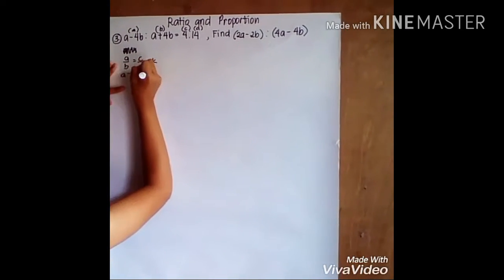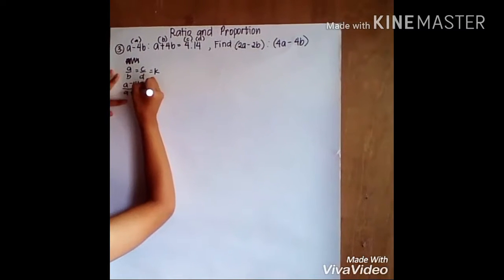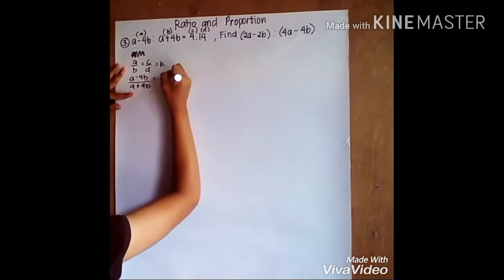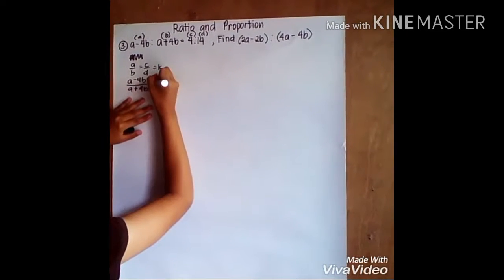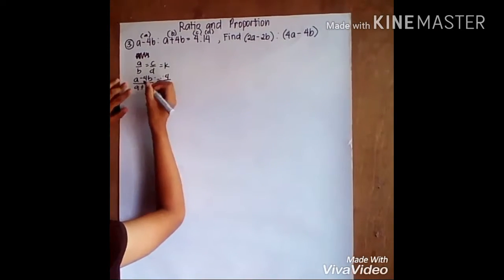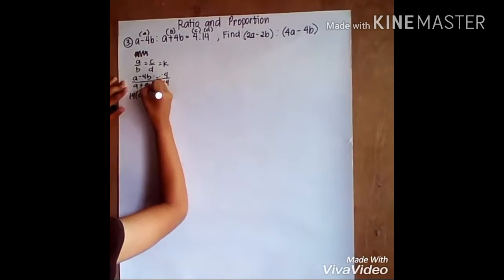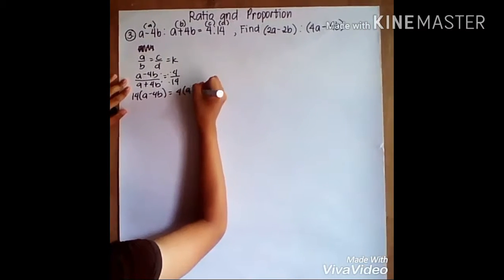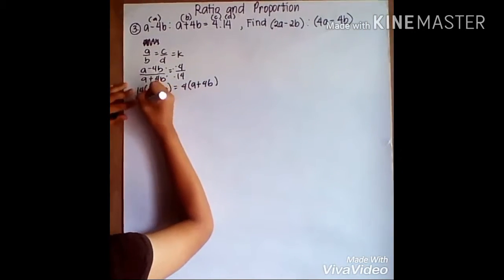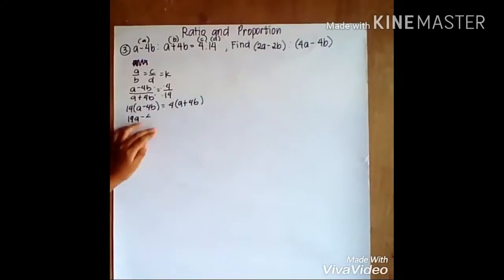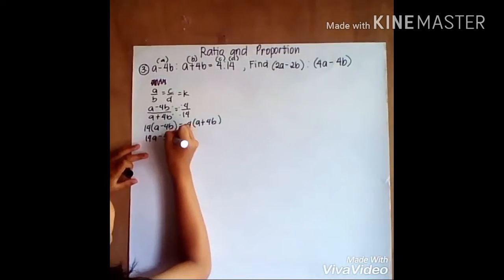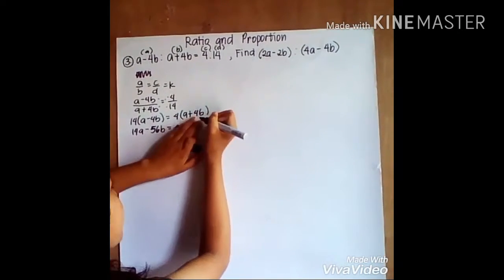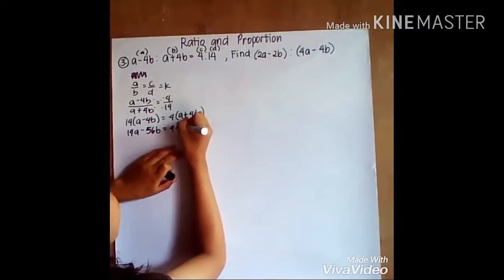A minus 4b over a plus 4b is equal to 4 over 14. So cross multiply: 14 times (a minus 4b) equals 4 times (a plus 4b). So 14a minus 14 times 4, which is 56b, is equal to 4a plus 4 times 4, which is 16b.